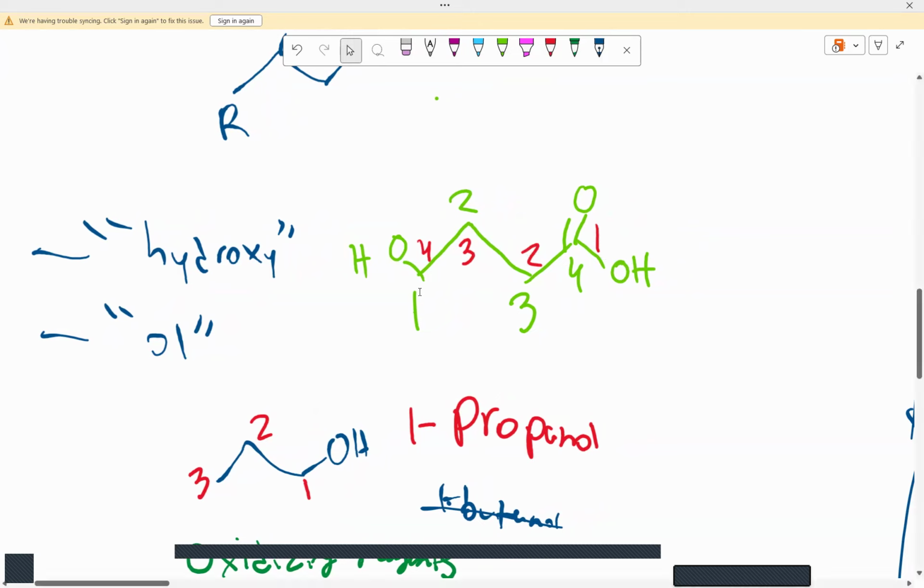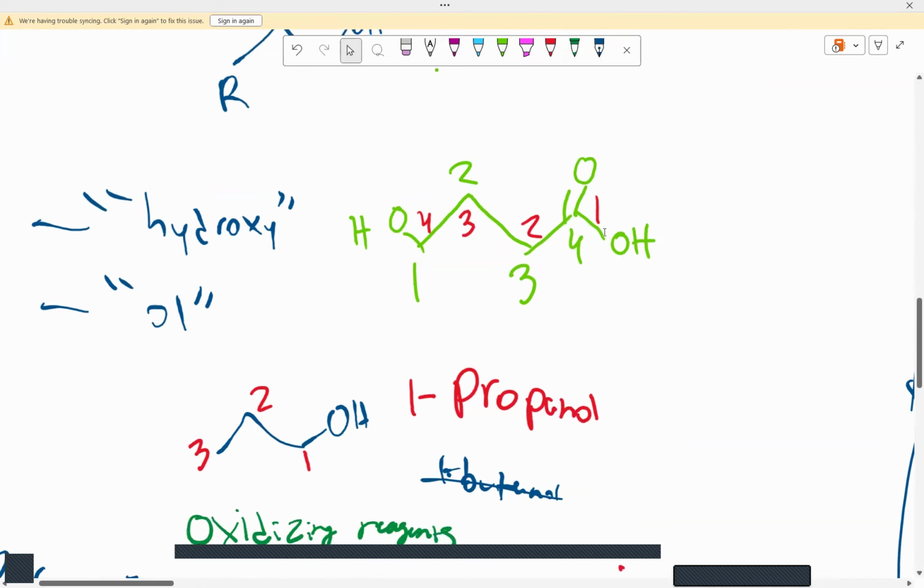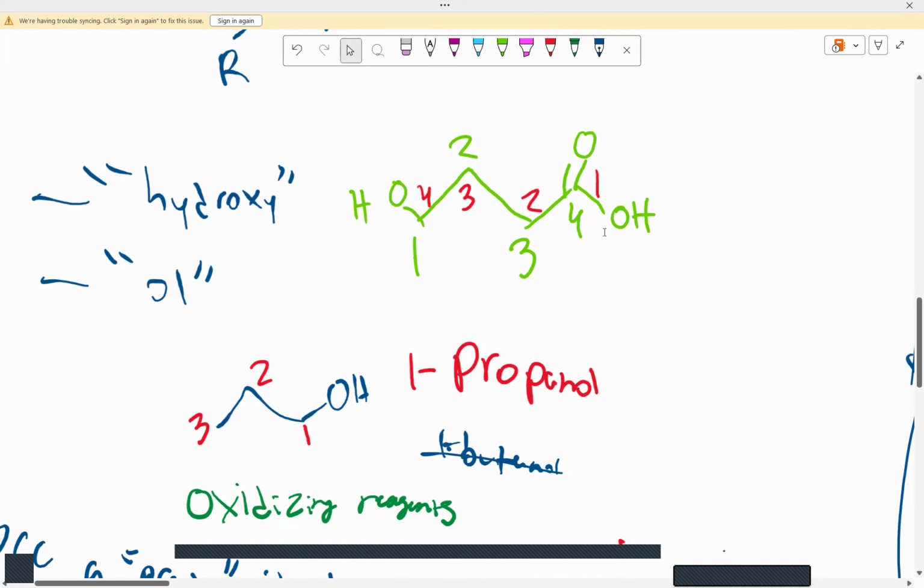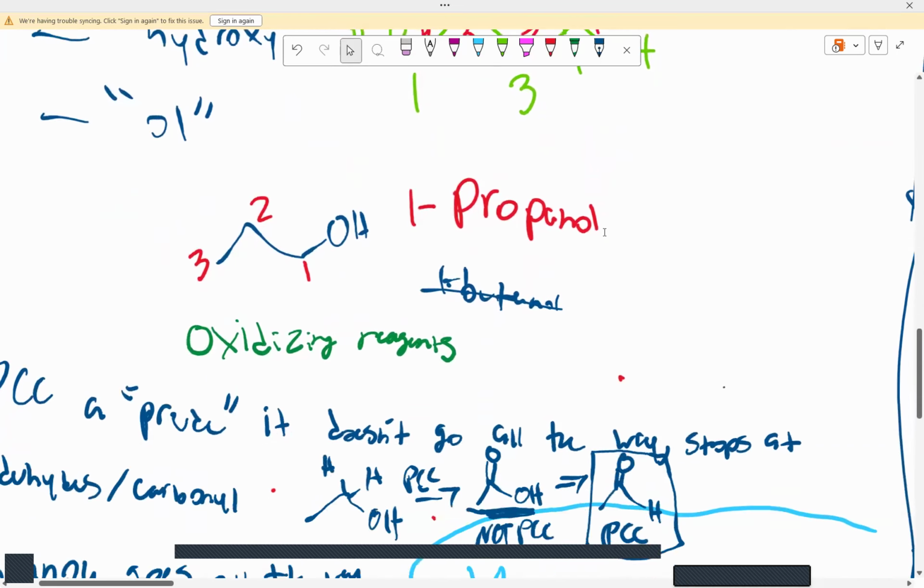So instead of labeling the parent chain 1, 2, 3, 4 in this light green, that's not right because it doesn't have the highest priority functional group at carbon position 1. The highest priority functional group, which in this case is carboxylic acid, will always be placed at position 1. So in this red, that's the right one. So it's 1, 2, 3, 4. Red has the right order for that molecule.